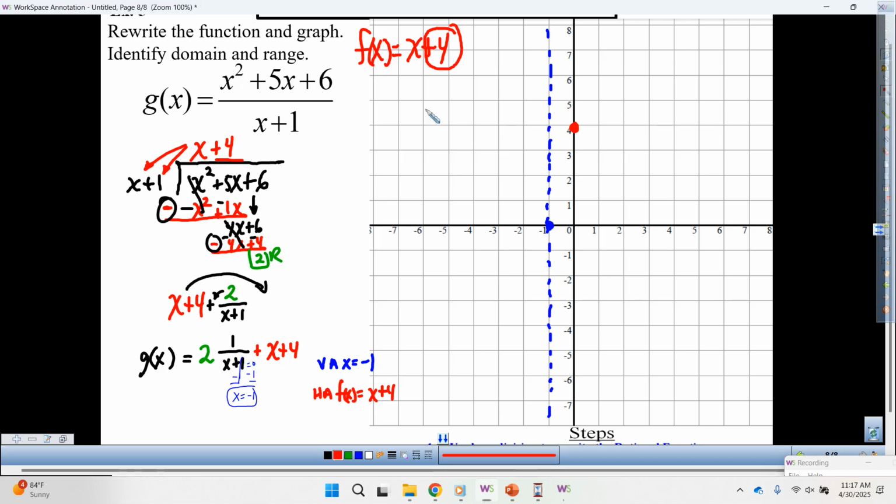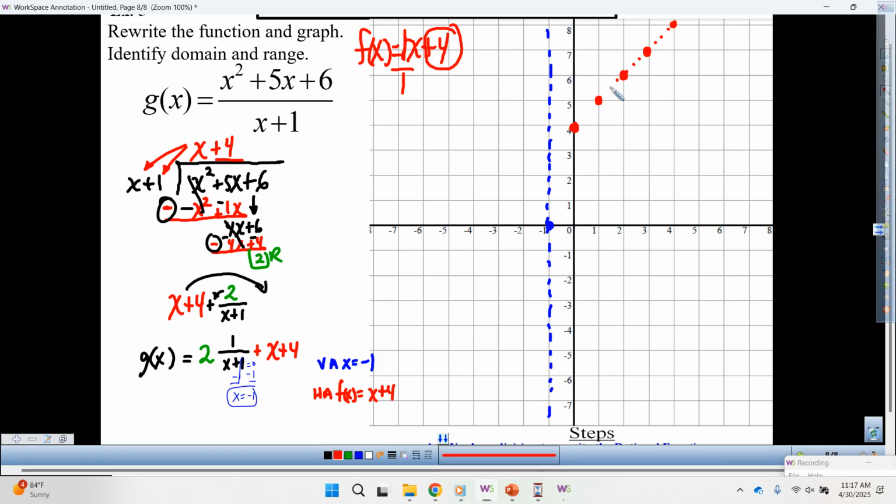What is our slope, everyone? A 1 or 1 over 1. So that means I go 1 step up, 1 to the right, plot your point, do it again, 1 step up, 1 to the right, plot your point, do it again, 1 step up, 1 to the right, put little dots in between.